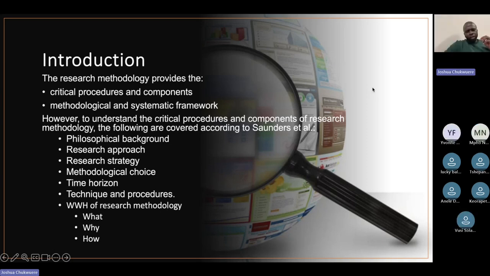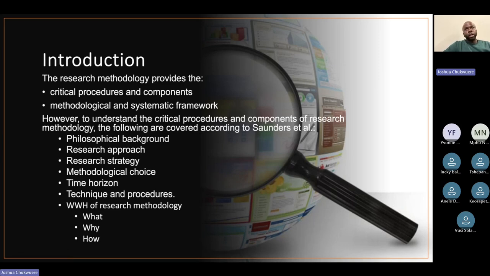In that approach, we're going to look at the philosophical background, research approach, research strategy, theoretical choice, time horizon, techniques and procedures, and then the base upon which all these things are built is what? The WWH of your research methodology. That is a concept which I came up with.